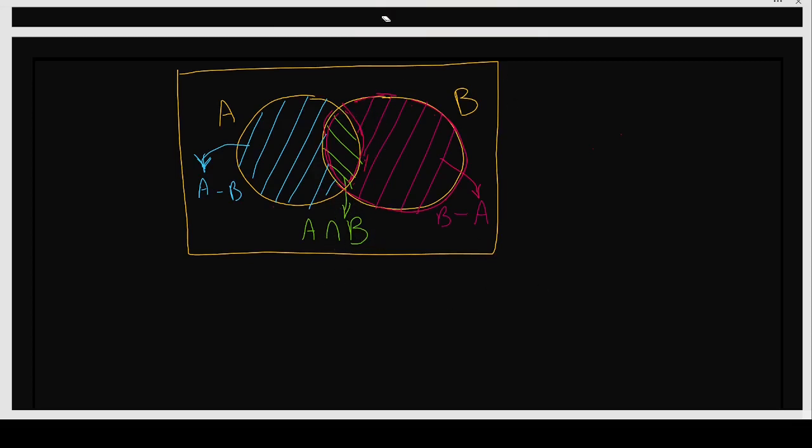No element is common to them. So, A minus B, A intersection B, B minus A are disjoint.